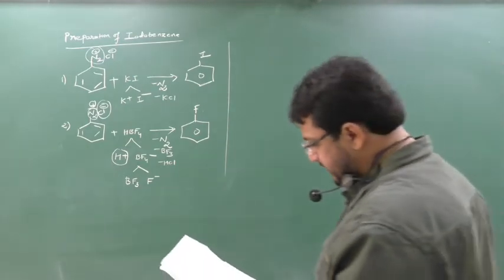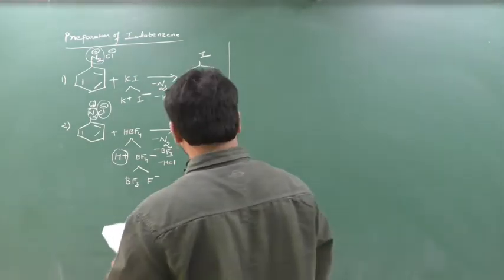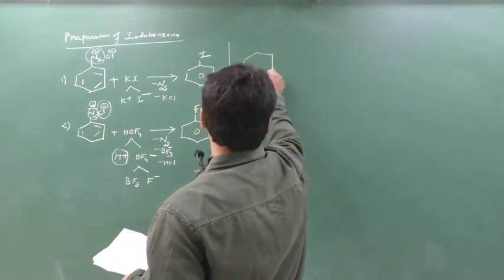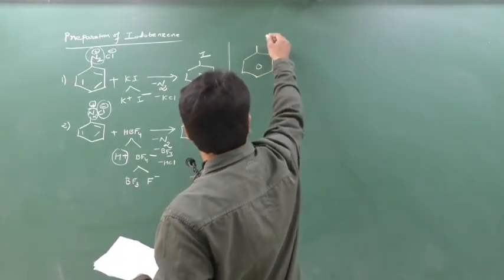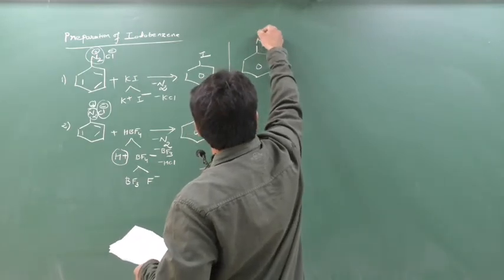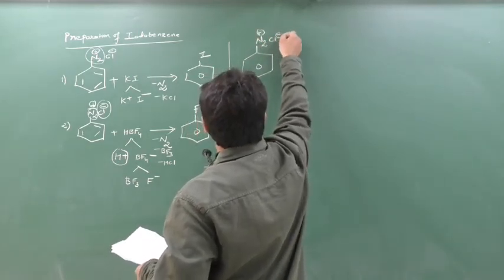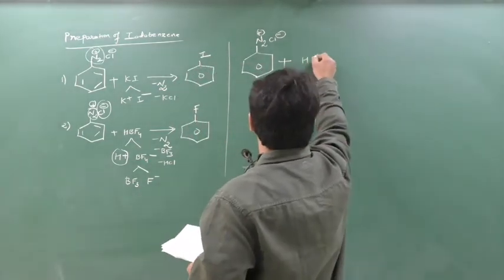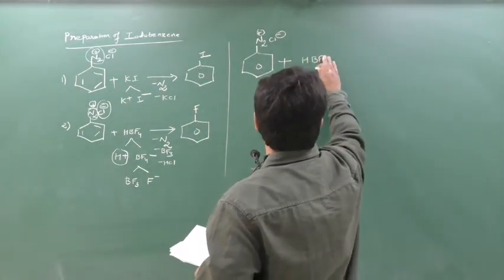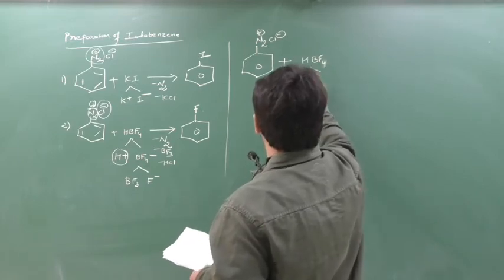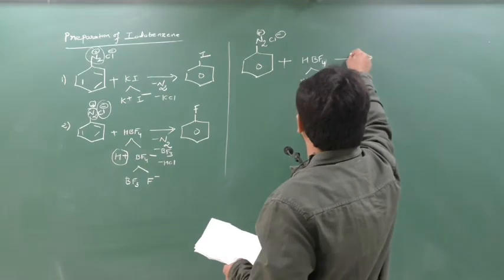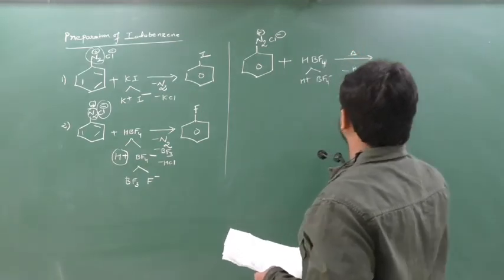We will see its mechanism because it's important. Clear? See, the first step, not the mechanism but some other trick also we can use to get the answer. If you get this answer it's correct, but you have to think in a different manner also. This is HBF4, hydrogen tetrafluoroborate. Split this: H plus and BF4 minus. When you hit this, first HCl will be removed.